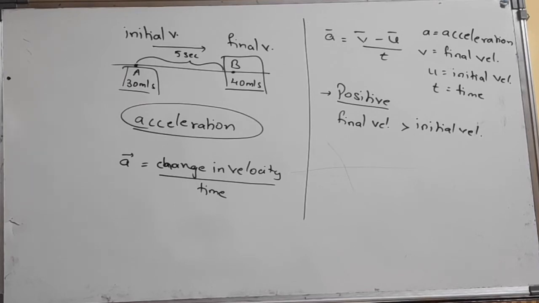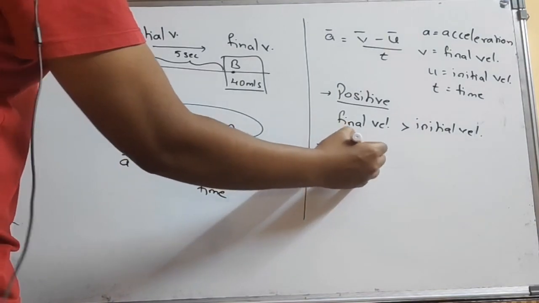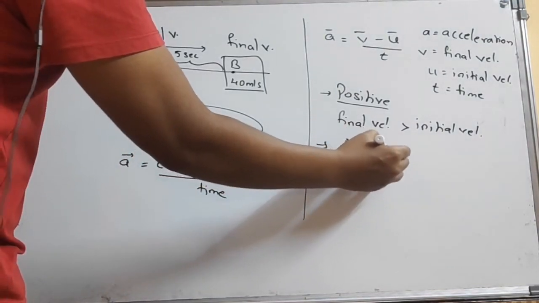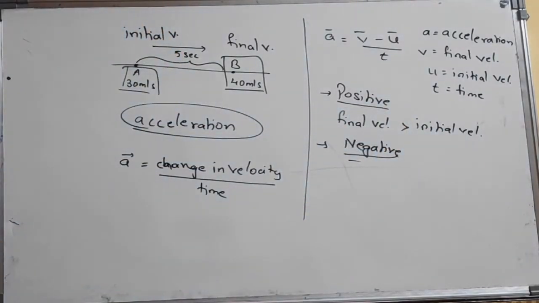So in positive acceleration, the speed of the object or the velocity of the object increases. Now what will be negative acceleration? Negative acceleration will be the opposite of positive.